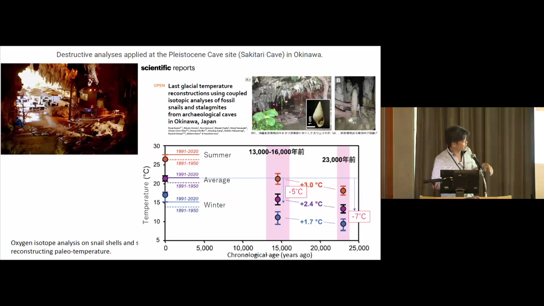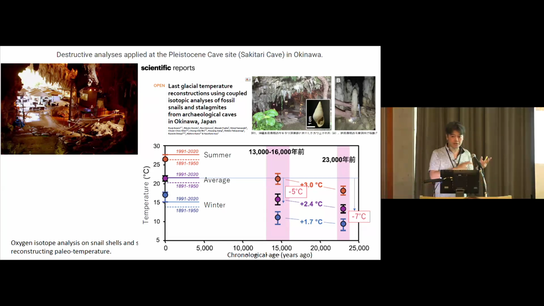And after this study, another colleague of ours tried to reconstruct the water paleotemperature during the last glacial maximum, and they successfully confirmed that the average temperature of the last glacial maximum period was 7 degrees cooler than today.